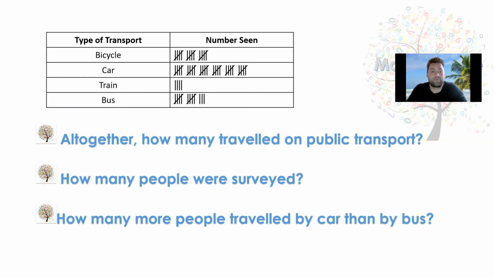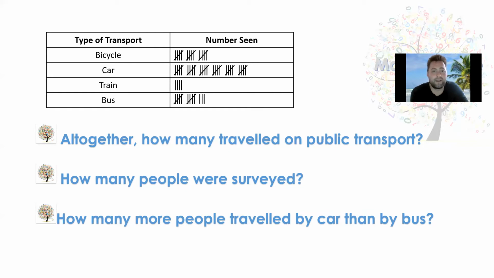So public transport is a bus or a train. So if we count them up, we've got 5, 10 plus 7 is 17. How many people were surveyed? We need to count up everyone. So we know train and bus are 17. And then bicycle and car, we've got 10, 20, 5, 10, 15, 20, 25, 30. So 30 plus 17 gives us 47.